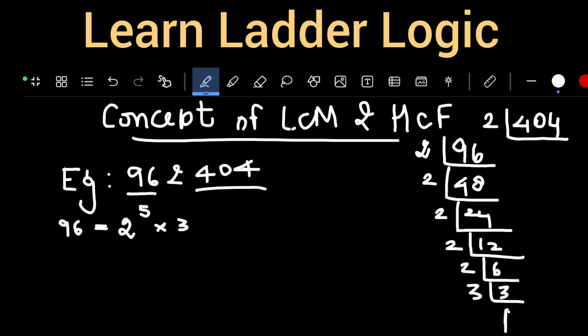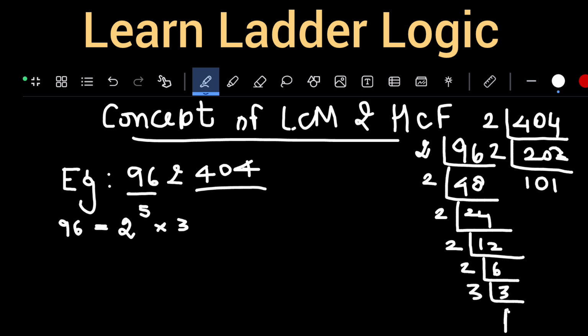Number 2, because the unit place number is an even number, so it will be 202. Then again number 2, 101.